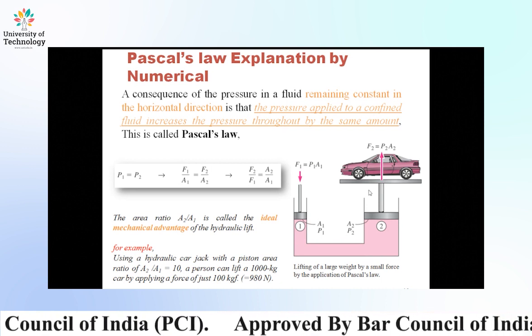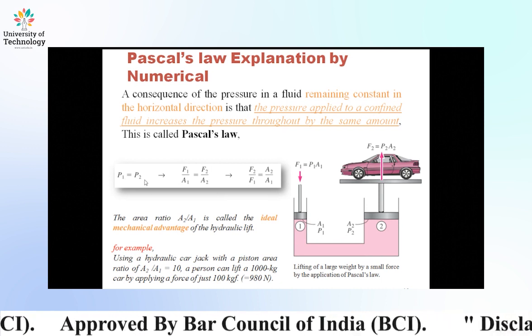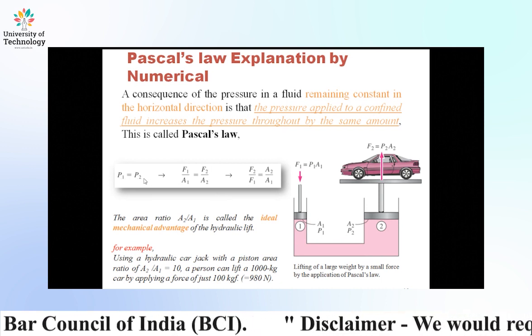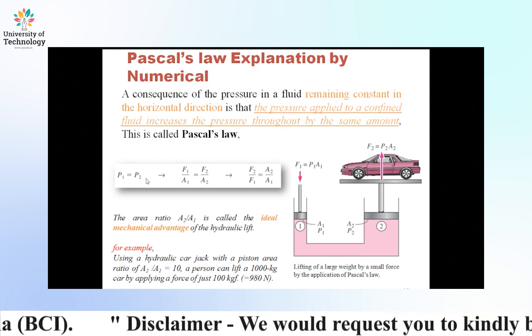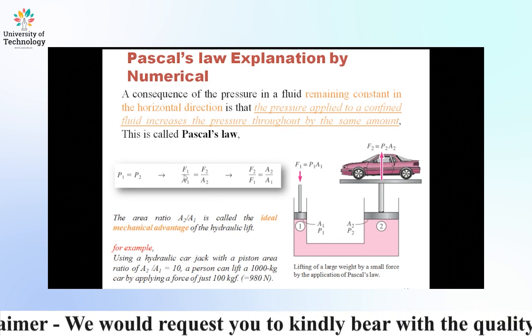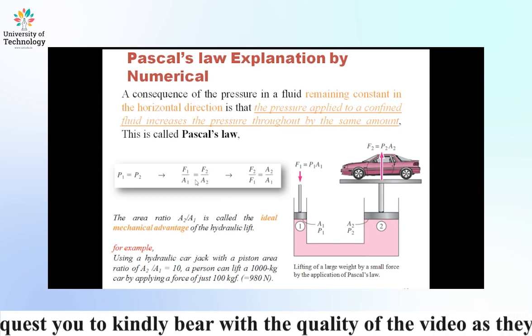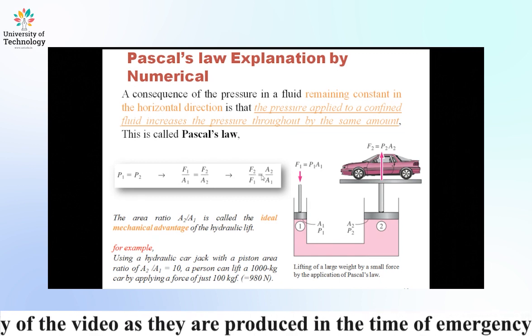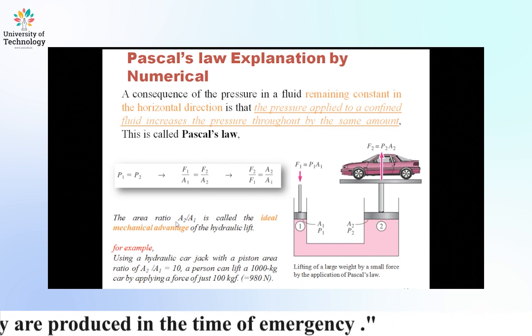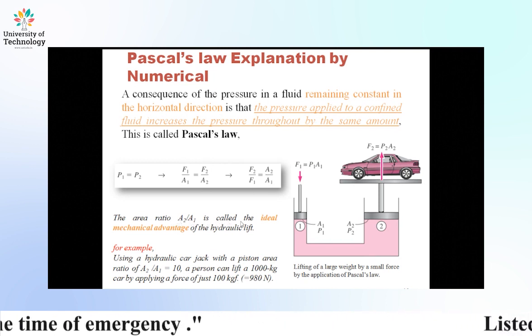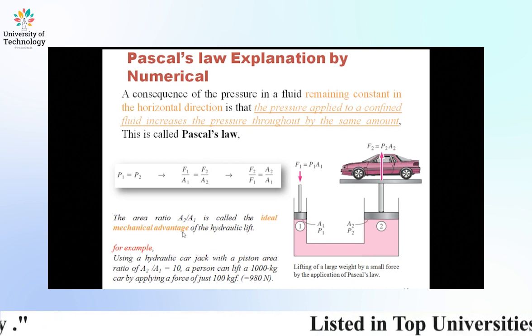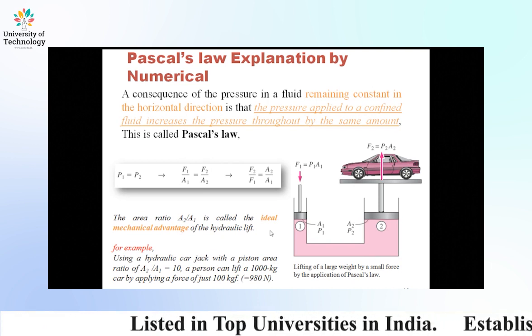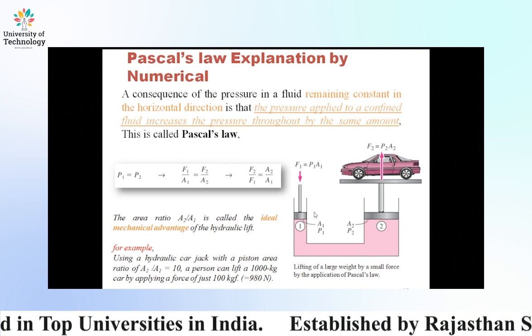P1 is equal to P2. And what is pressure? Force applied per unit area, so F1 upon A1 is equal to F2 upon A2. So F2 upon F1 is equal to A2 upon A1. The area ratio A2 upon A1 is called the ideal mechanical advantage of this lift. This is A1, this is A2, pressure P1, pressure P2.